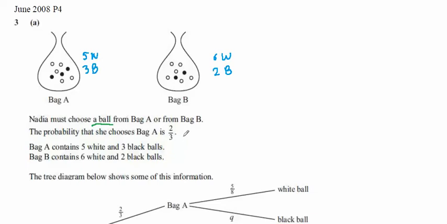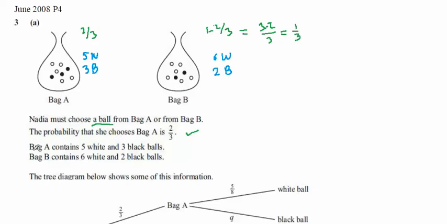So the probability of this bag is 2 over 3, which means the probability of the other bag will be 1 minus 2 over 3, which is 3 minus 2 over 3, equal to 1 over 3.